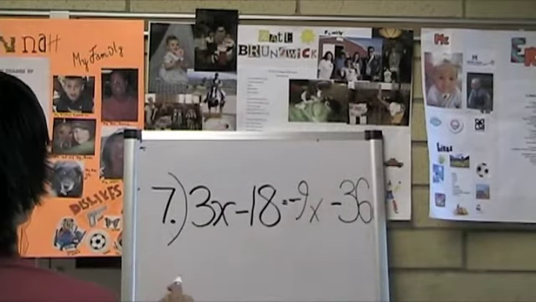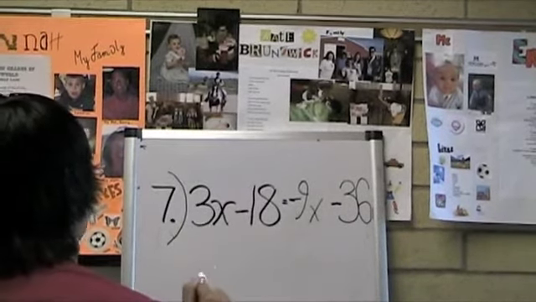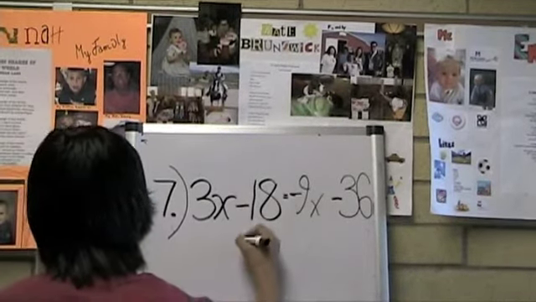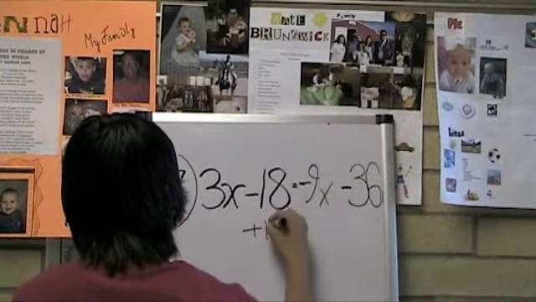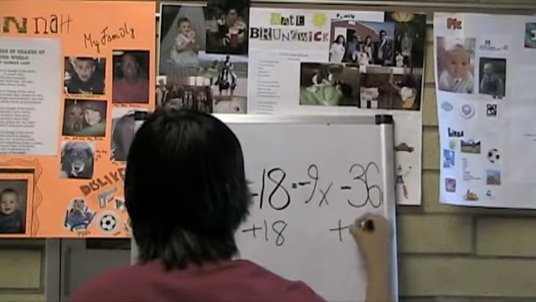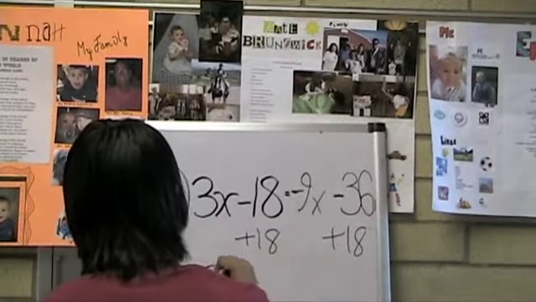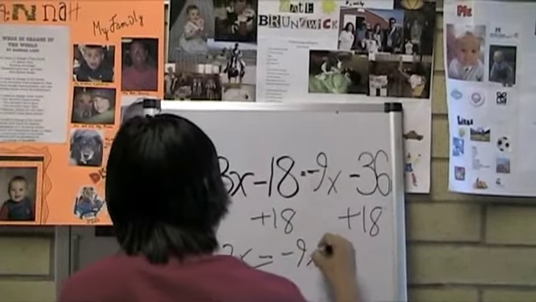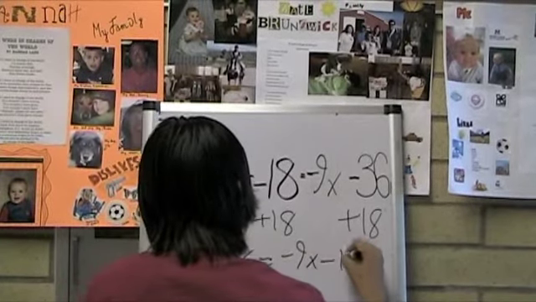So number 7, 3x minus 18 equals negative 9x minus 36. Start out by adding 18 to each side, so we end up with 3x equals negative 9x minus 18.